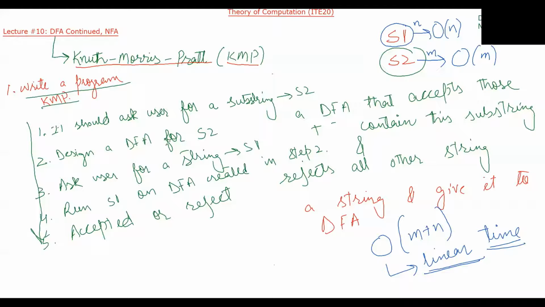So with this, we will stop the discussion about deterministic finite automata, and we will start a new topic. But there are some portions of the DFA we still have to cover, and we will cover them in our subsequent lectures.